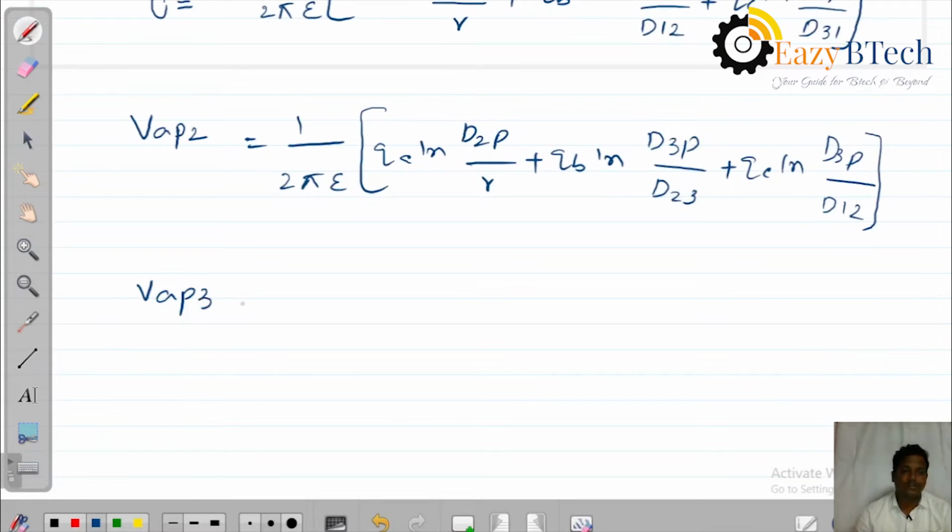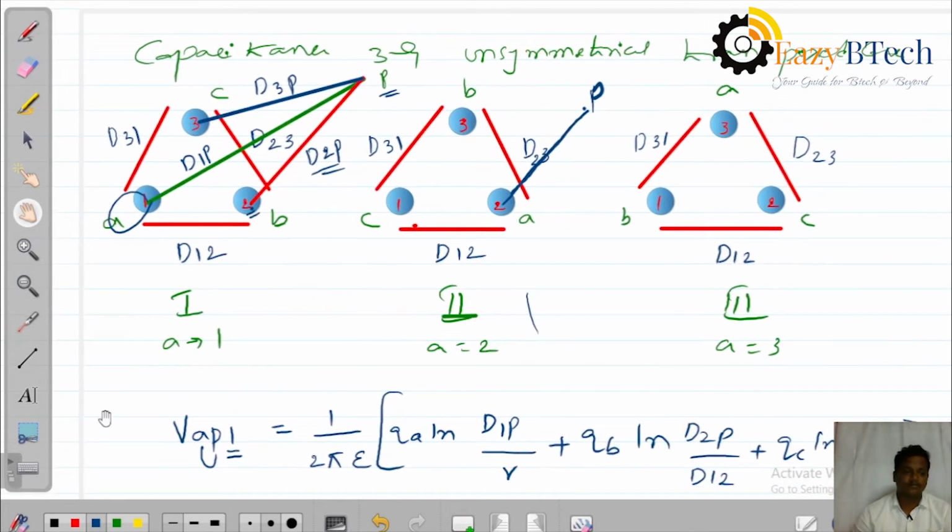Okay, now the conductor A at position 3, VAB at position 3 is, now I am taking this for the analysis.